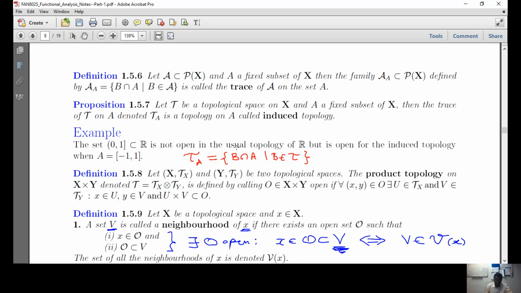That is the usual topology of R. So this T is T_R, the usual topology of R. Obviously, I would like to write R here, that it should not hurt anybody, right? Okay, let me do this.